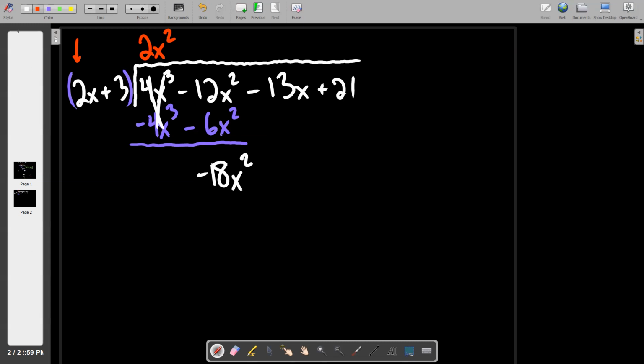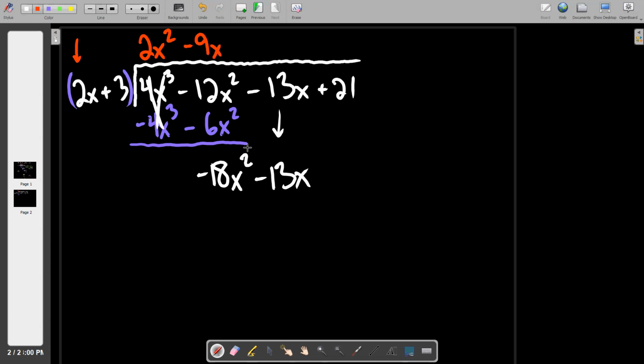So now we have to drop the minus 13x down, and let's start over. What do you multiply yellow by to turn it into yellow? I'm not going to take close answers. Close answers do me no good. Negative 9x is what I need up here in the quotient.